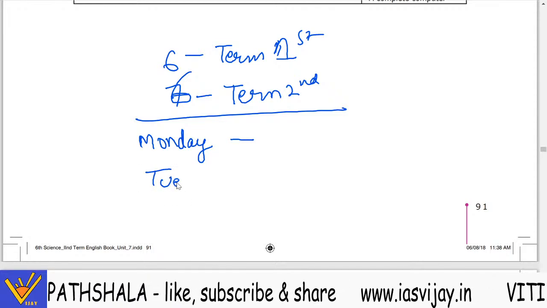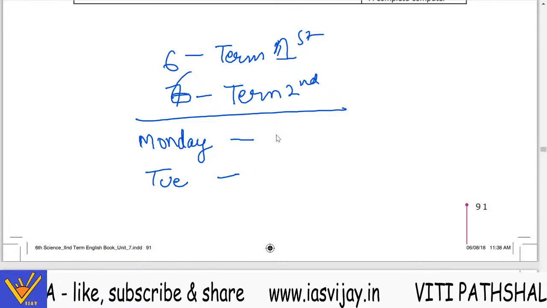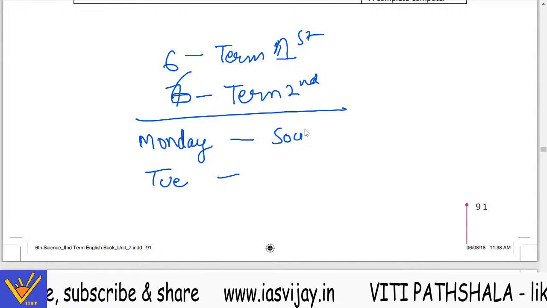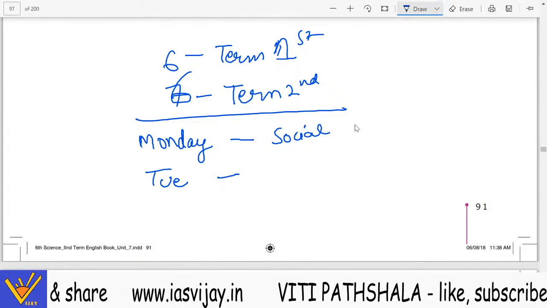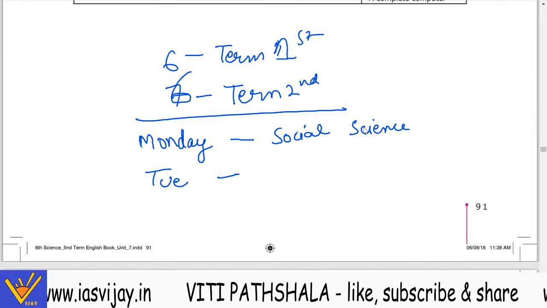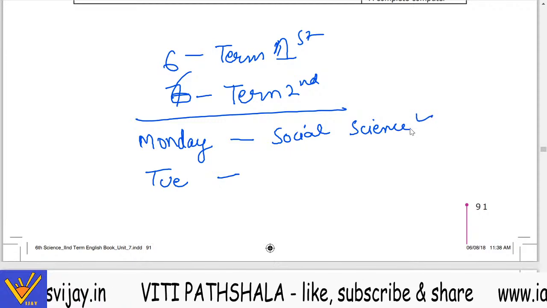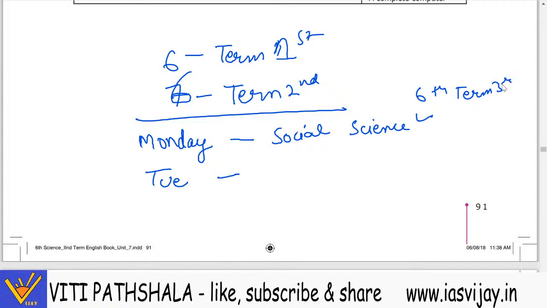Now the Monday and the Tuesday, we would be doing the social science part. We would be completing the 6th class term 3 social science if possible. My target is that on Monday I would be completing the 6th class term 3.